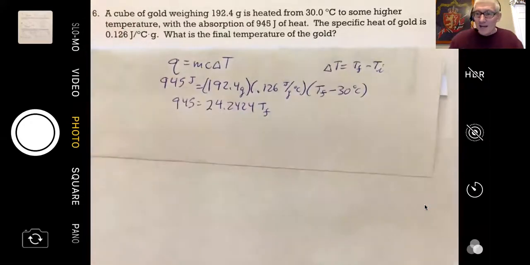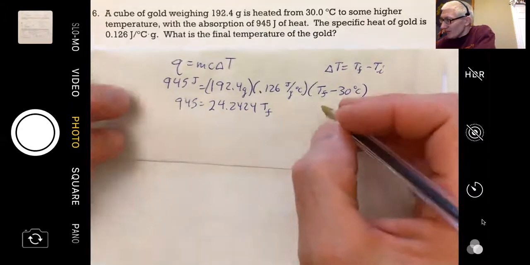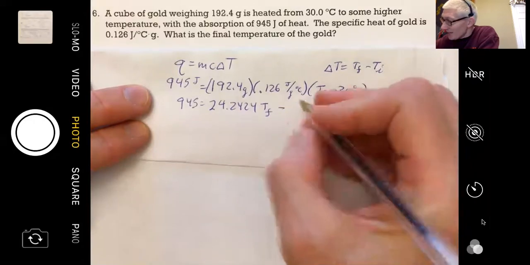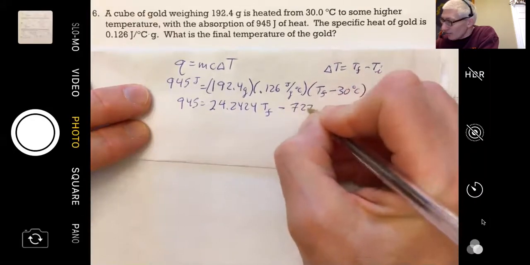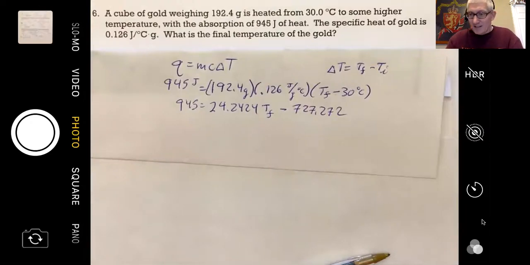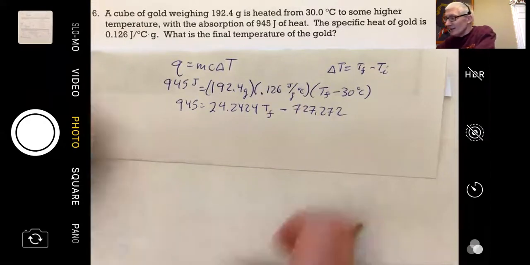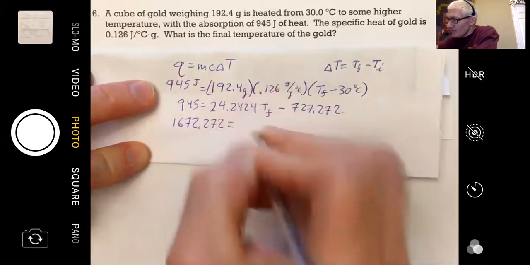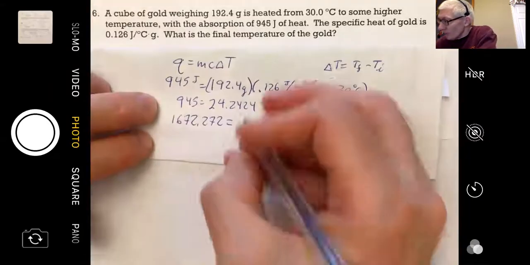Then when I multiply it by 30, remember, it's going to be a positive quantity times a negative, so I'm going with a negative 727.272. Now we just take that, add it to the 945, and that's 1672.272.